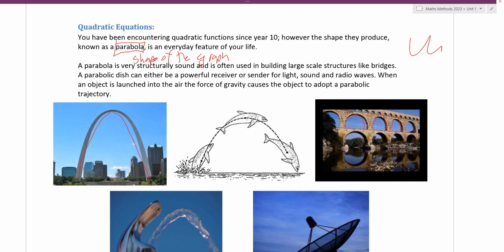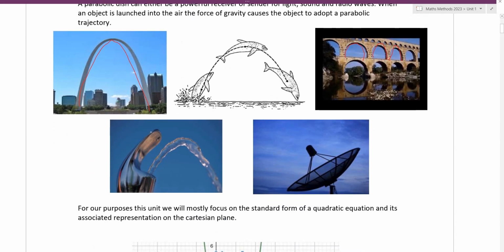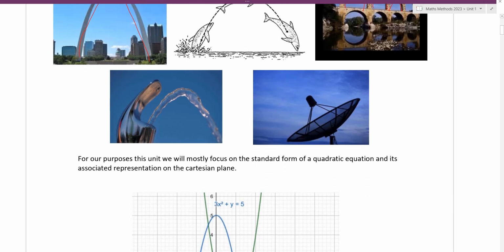A dolphin leaping out of the water, that's a parabola. The giant radar dishes that they scan planets with are parabola shaped. Turns out it has tons of useful applications. You shoot water out of a bubbler, the shape that it comes out in is a parabola. There you go.